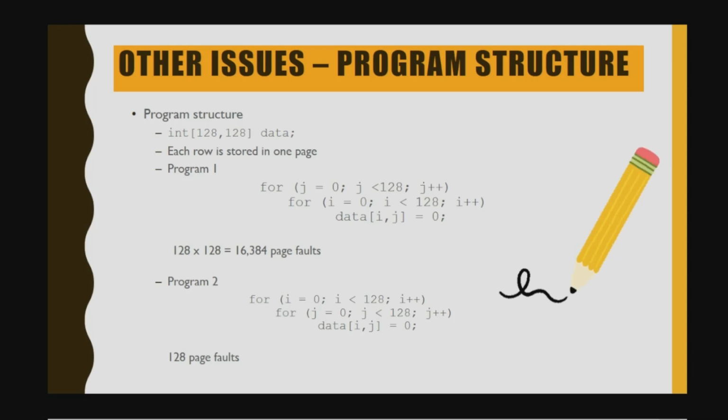So in this example, we have 16,384 page faults for program 1. For program 2, based on this code, we have only 128 page faults. Okay, this depends on the program structure.